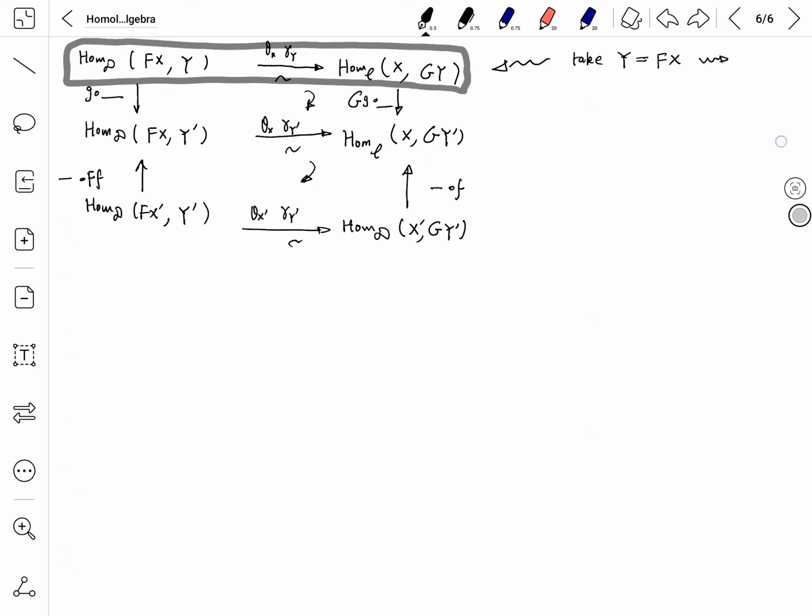And this gives you a map eta from identity of C to GF as a natural transformation. Let's write it slowly.